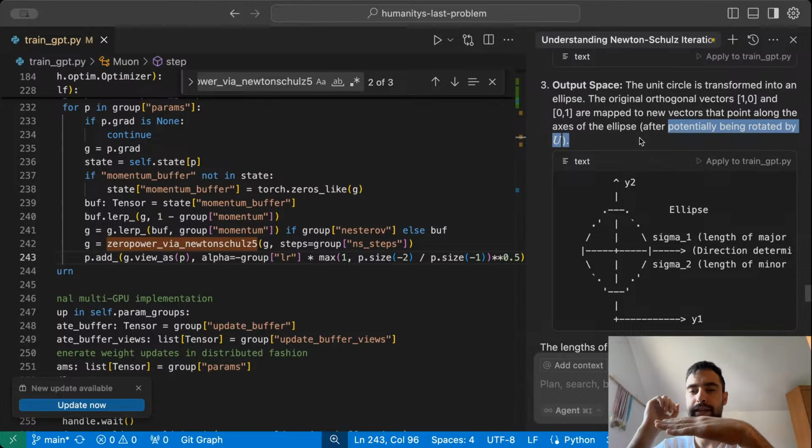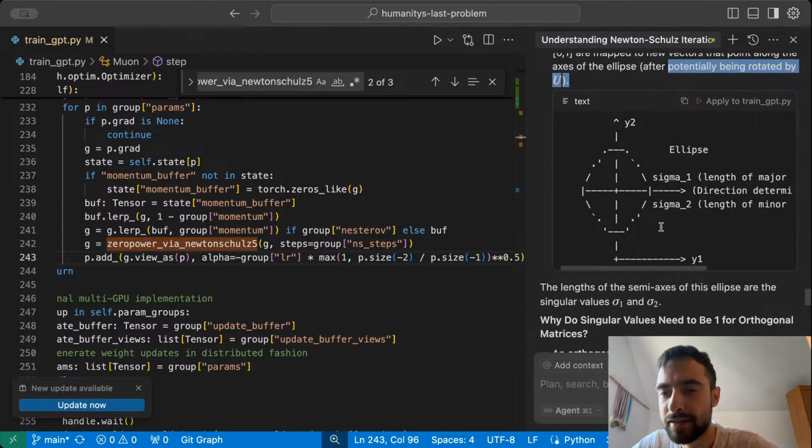X-axis of the circle, y-axis of circle. First of all, this y-axis vector can stretch because we are multiplying this with the matrix. It can also rotate like this, but it will not change angle because the matrix we are multiplying it with is orthogonal.